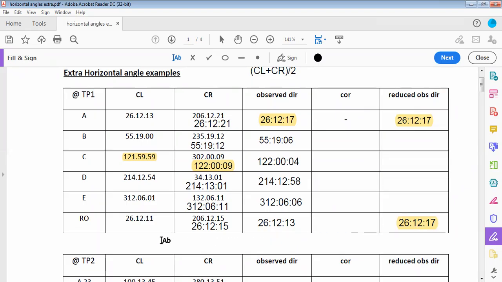So we will say 26 degrees, 12 minutes and 17 seconds. We subtract it from your observed direction, 26, 12, 13. If you subtract the two, the answer you will get is 0 degrees, 0 minutes, and 4 seconds, right?